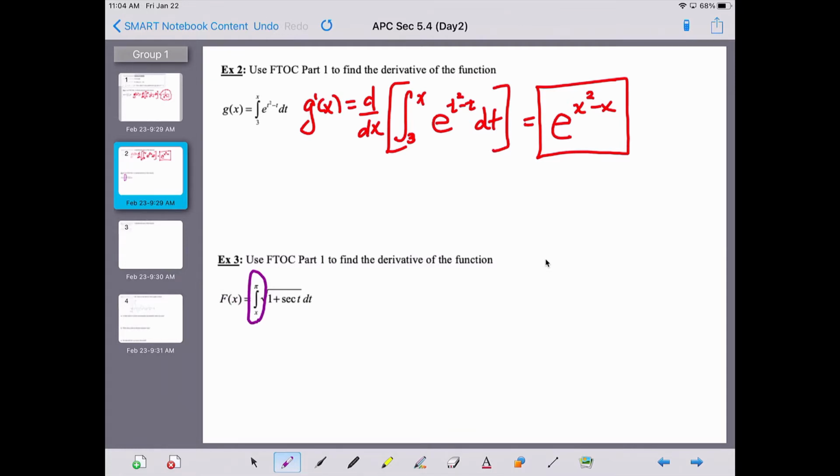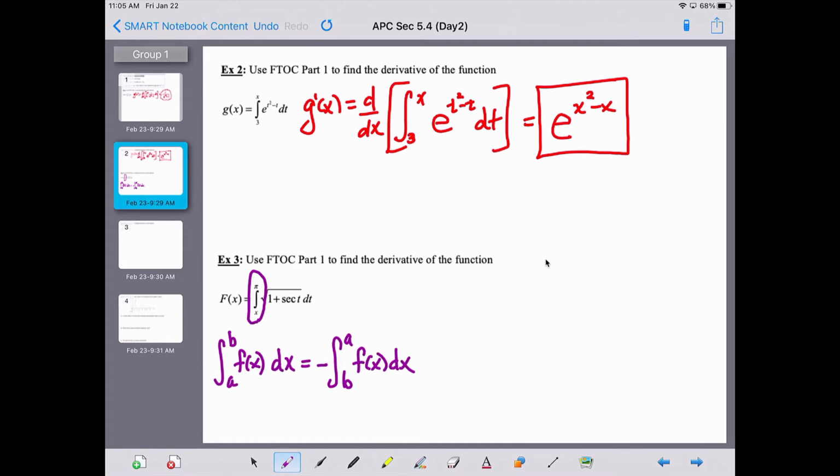So if you recall our notes from yesterday when we looked at some of the properties of the definite integral, one of our properties was that the integral from a to b of f of x dx is equal to the opposite of the integral from b to a of f of x dx. And so that property is what we need for this problem.